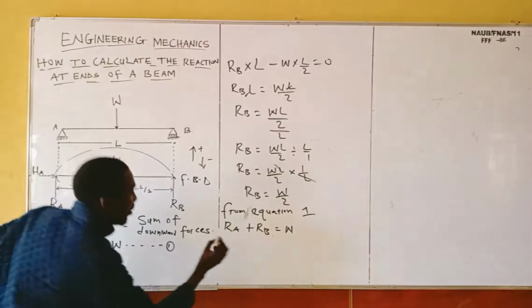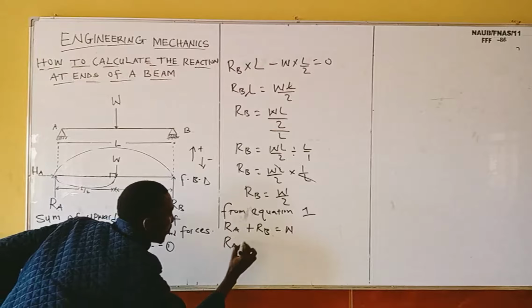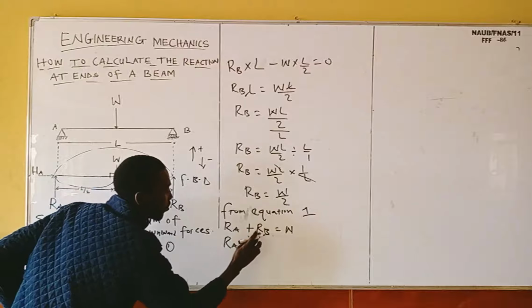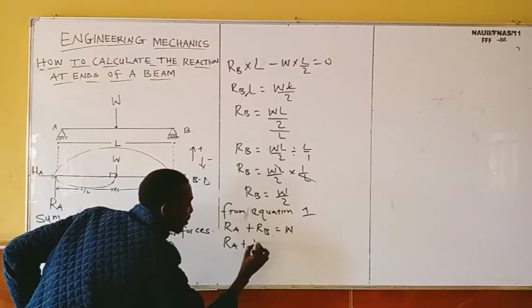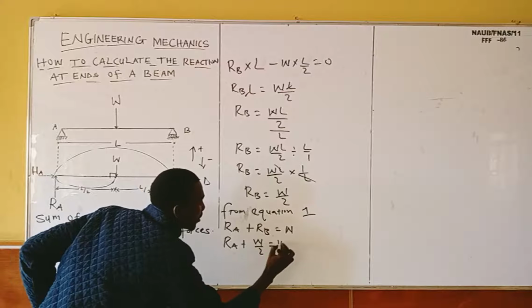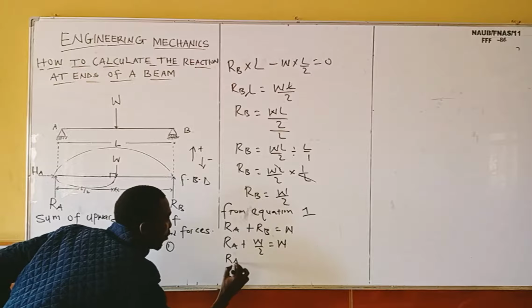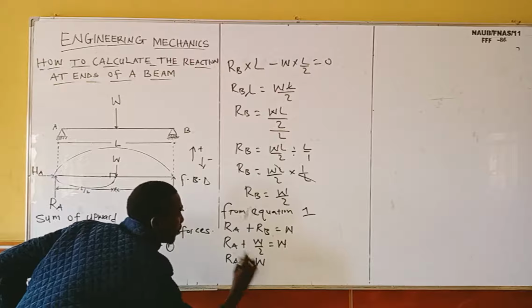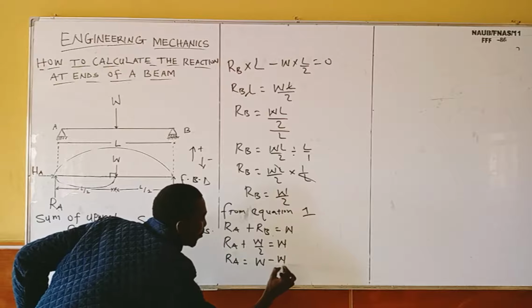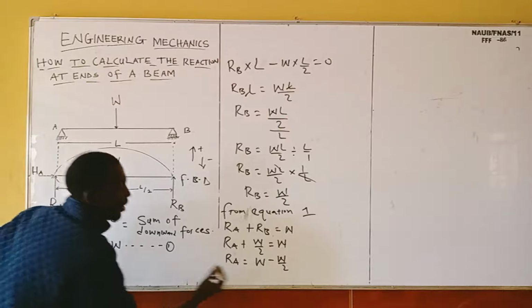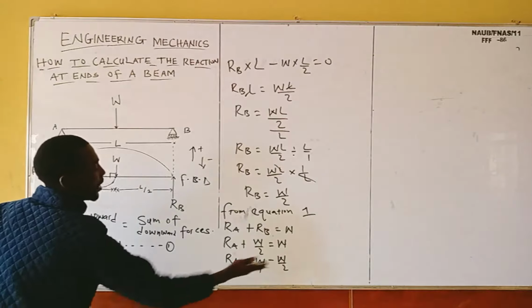So this one will be R_A plus W over 2, because R_B is here, equals W. So for me to get my R_A now, R_A will be equal to W, and this one will come over as minus W over 2. Do you get that? And you can find the LCM now, 1 and 2.